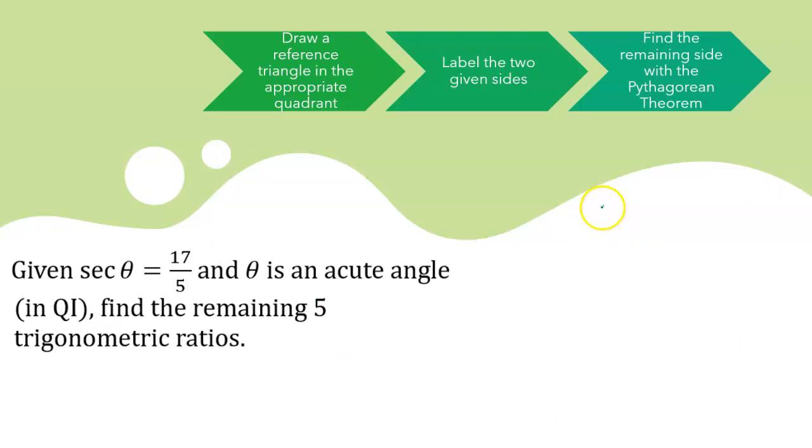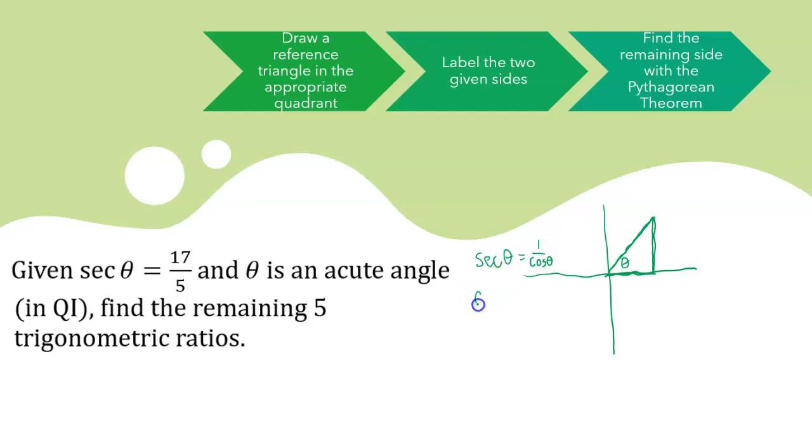So if I give you secant and theta is in quadrant 1, I'm drawing it in the correct quadrant, and I'm dropping it down to the x-axis. And I know that secant is 1 over cosine. Secant of theta is going to be 1 over cosine.